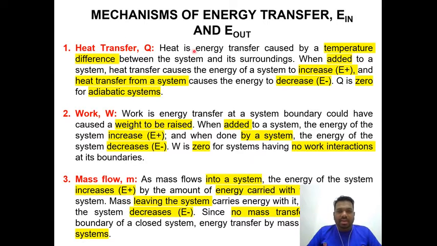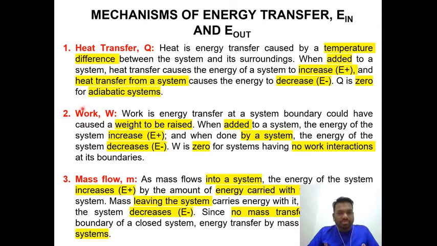If heat energy is added to the system, we put E plus. If it leaves the system, we put E minus. Q equals 0: there are some systems we call adiabatic systems. The adiabatic system means the system has proper insulation and no heat transfer happens. So we can have that kind of system.